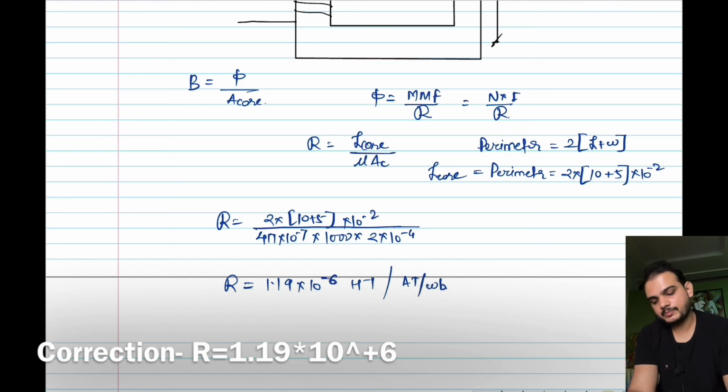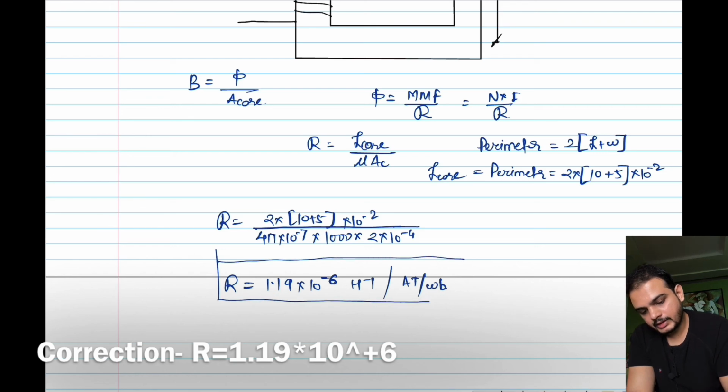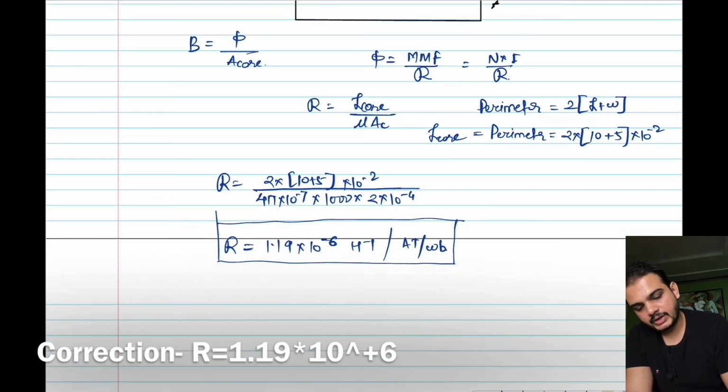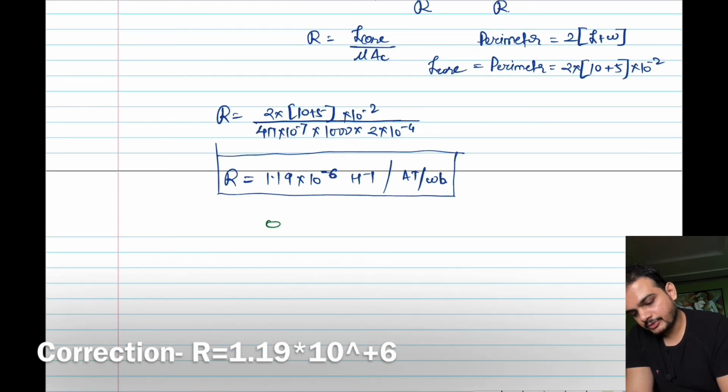This is the value of reluctance. But in the question they are asking us to calculate flux density, this B. So we need to first calculate flux. Flux is equal to mmf, number of turns into current, divided by reluctance.